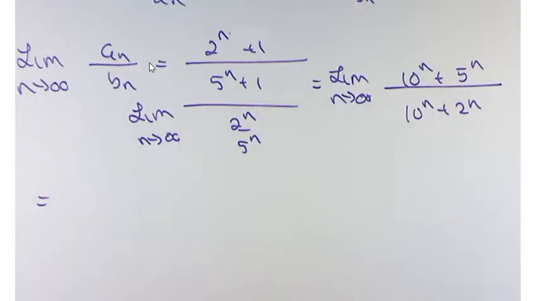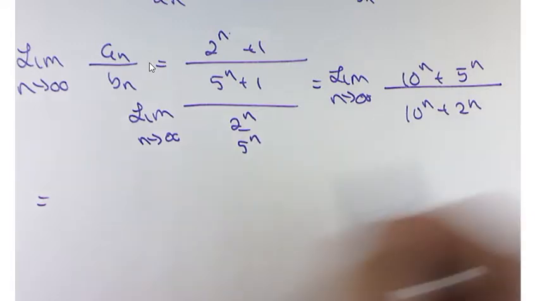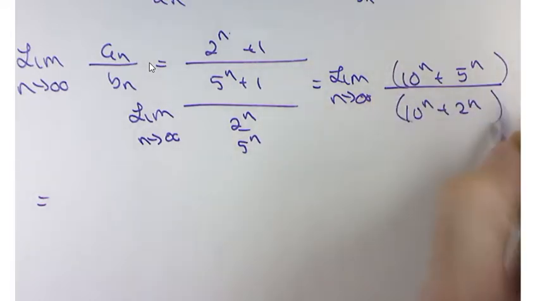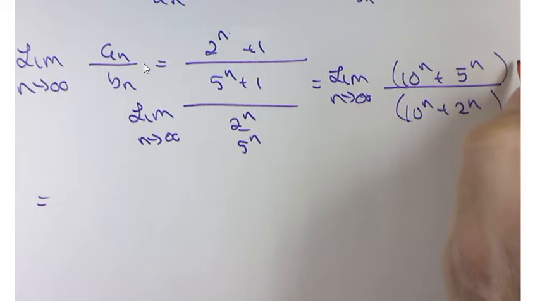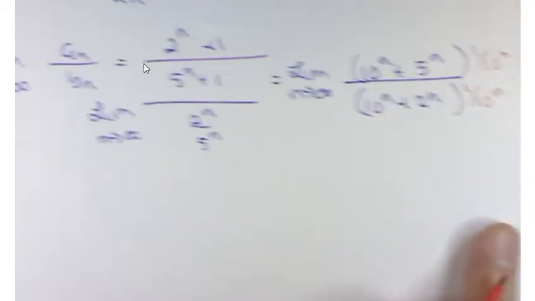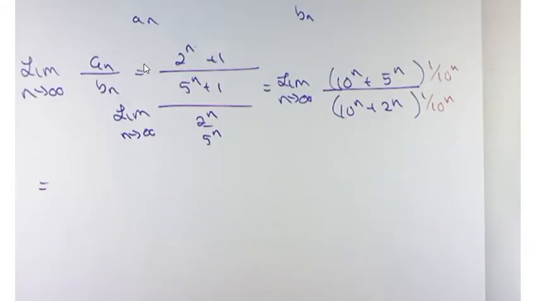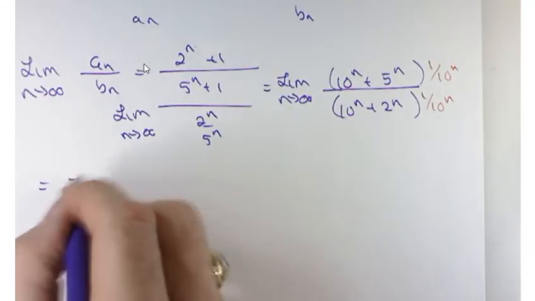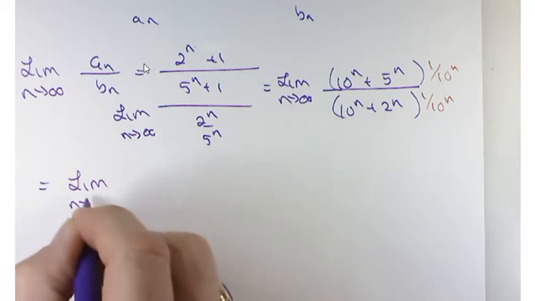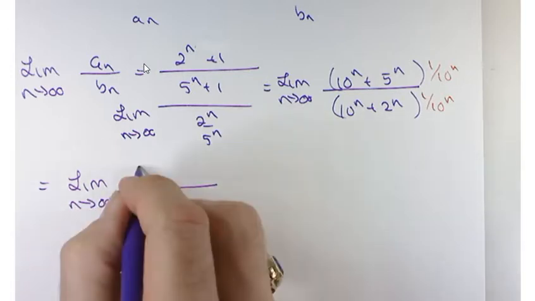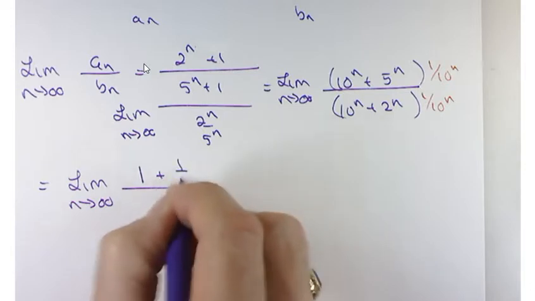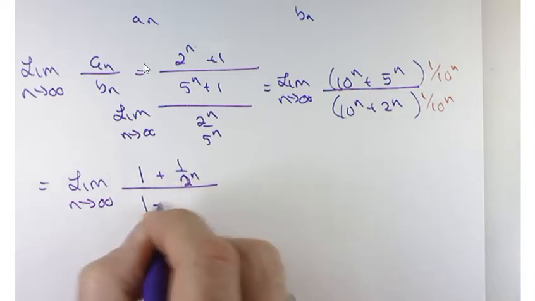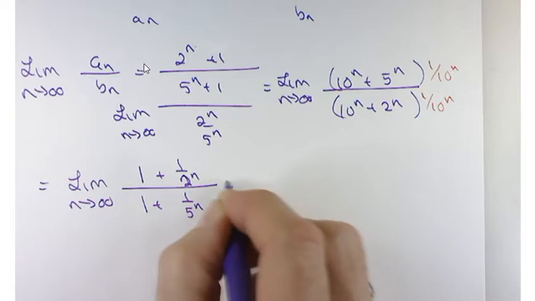Let's pull that trick that we did with our polynomial term just a minute ago. If I divide everything by the largest term in the denominator, 1 over 10 to the n, then I'll get something that simplifies like this: the limit as n approaches infinity of 1 plus 1 over 2 to the n over 1 plus 1 over 5 to the n.